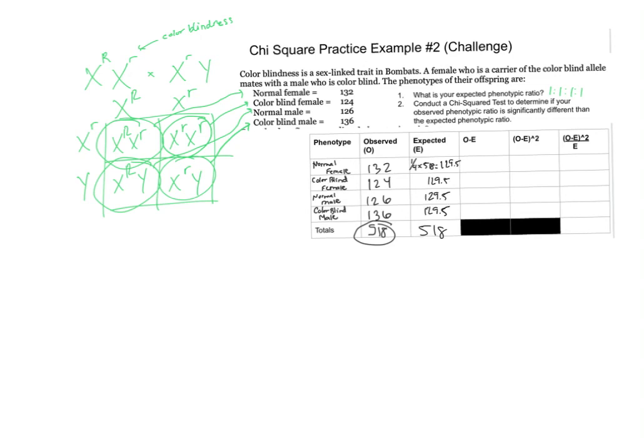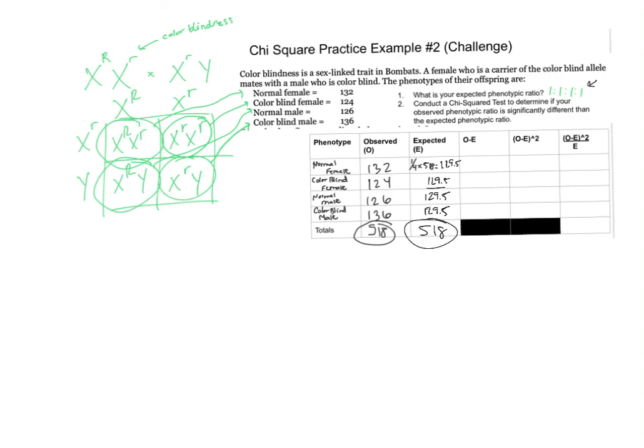Okay, so I've added the expected values, which should all be the same, since again this is a 1 to 1 to 1 ratio according to what we predict in our Punnett square. And that comes out to 129.5, and that should all add up to 518.